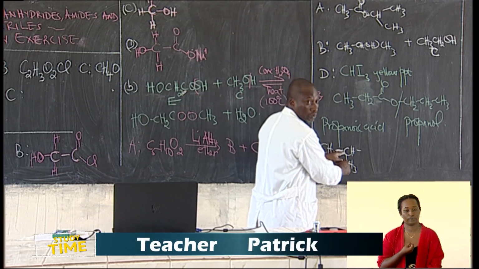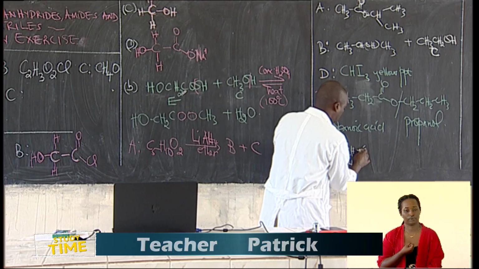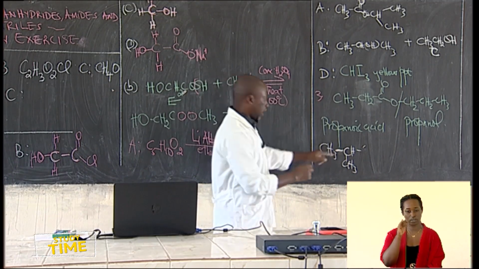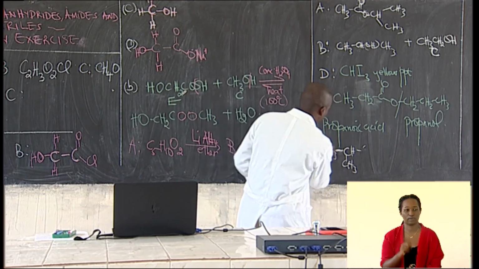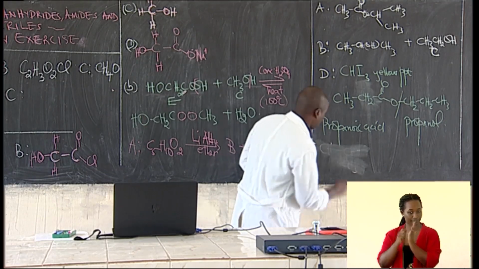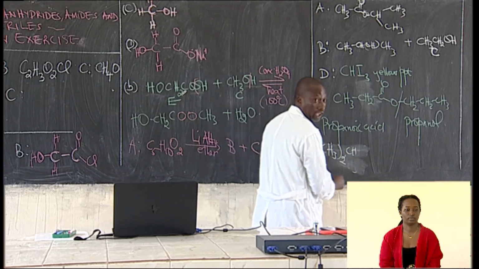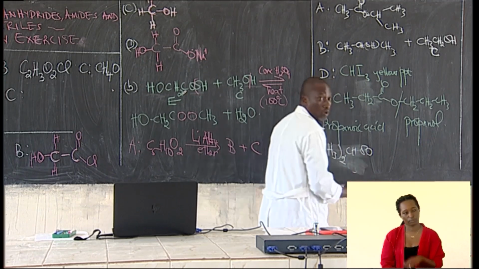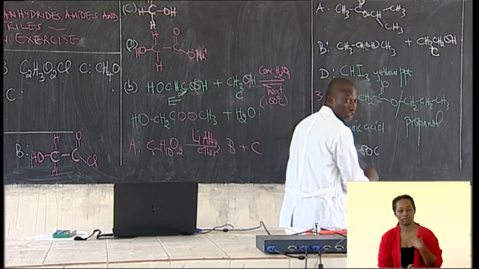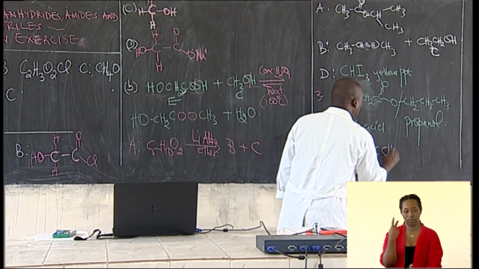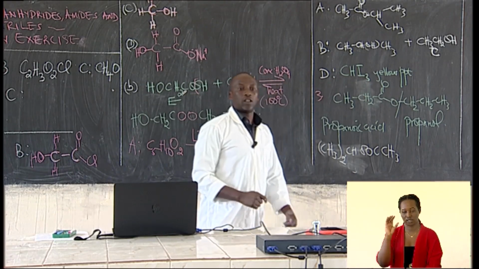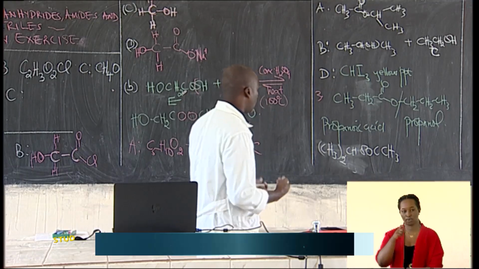These are 2. Then you have oxygen, CH3, CH3, 2, CH, OO, C, CH3. So we need to identify the alcohol from there.